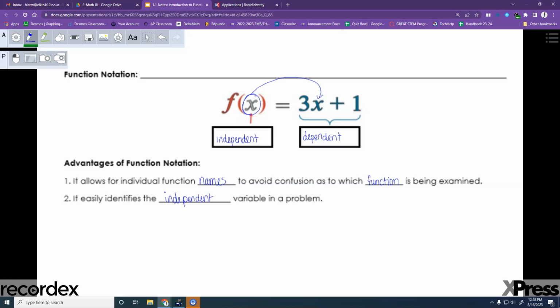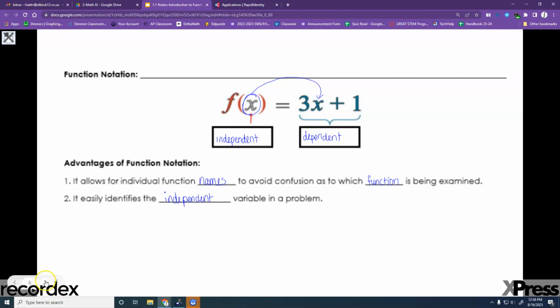This is really helpful when we're doing things in context, like if they use a t instead of x. A lot of times that t stands for time. So you know that you're plugging in time for that t there, and that's what everything else depends on. Okay. Questions?